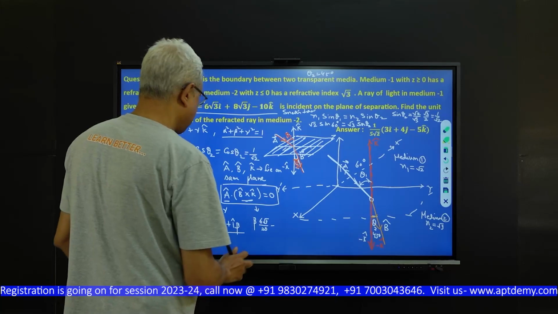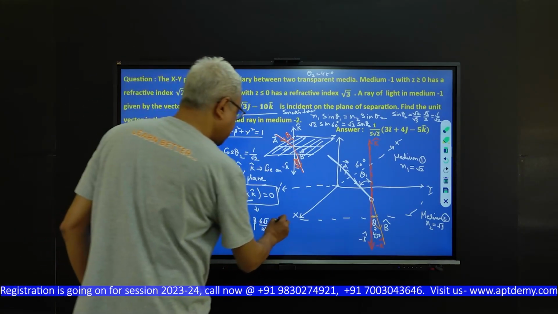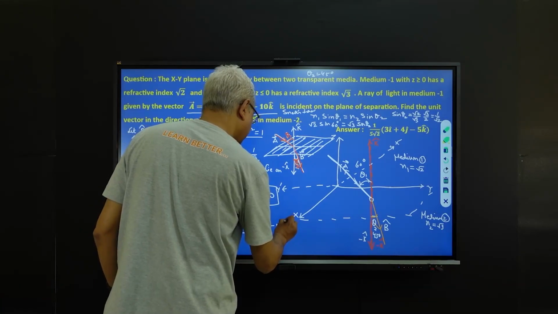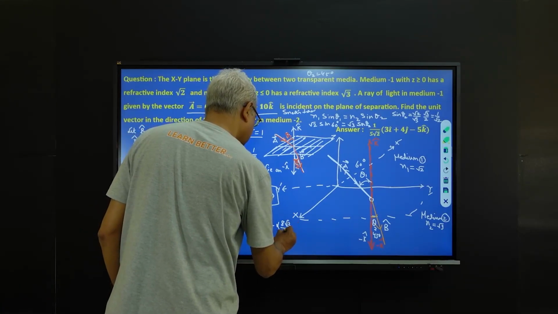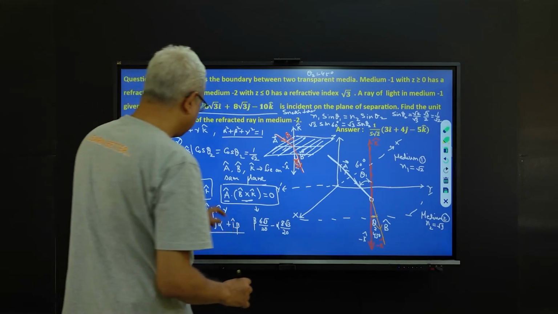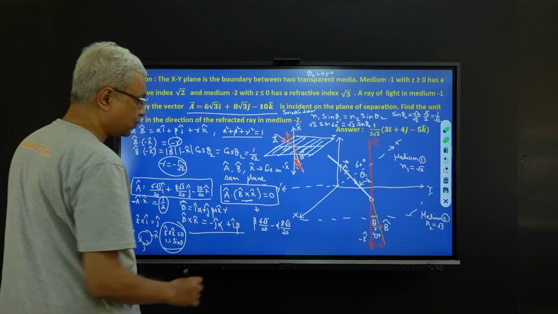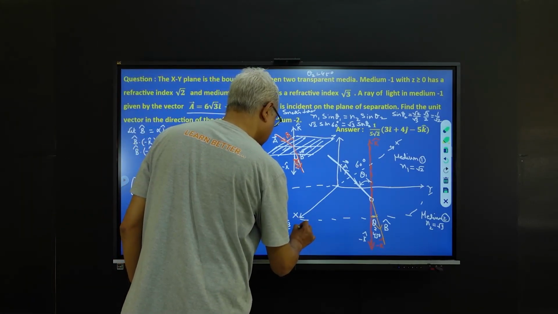So it is minus alpha 8 root 3 by 20, and there is no k cap term over here, so this term does not contribute in the dot product. So this is equal to 0.